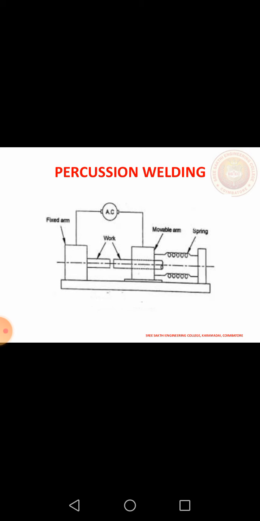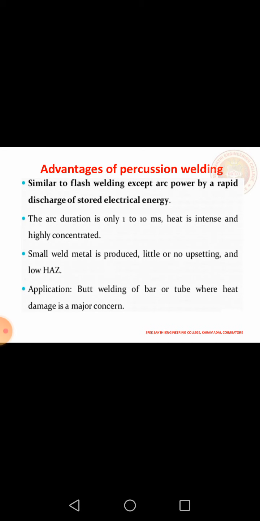In this process, an arc is produced by very rapid discharge of stored electric energy across a rapidly decreasing air gap, which is immediately followed by the application of pressure and power together in a progressive percussive manner.